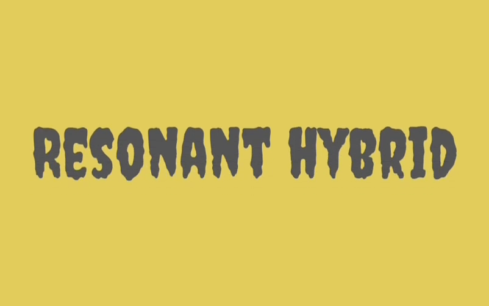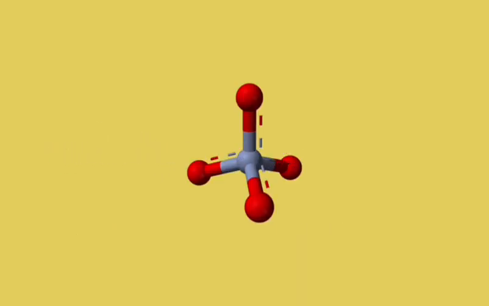However, the true structure is more interesting. It's called a resonant hybrid. The two charges are averaged over all four oxygens. We call this delocalized pi bonding. This can be confirmed by looking at the bond lengths.